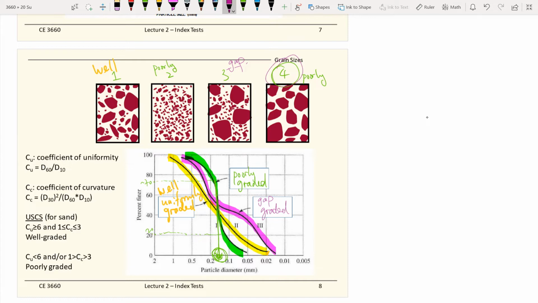But natural soil is very likely a bunch of everything, so it's very hard to tell by eyeball, and we need engineering systems to help us quantify, using numbers, to define what is well graded and what is gap graded. And that is according to ASTM standard D2487.